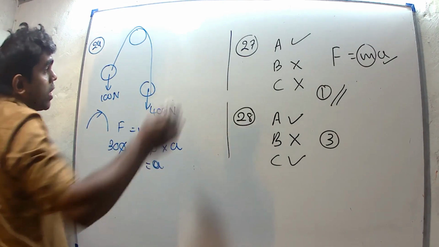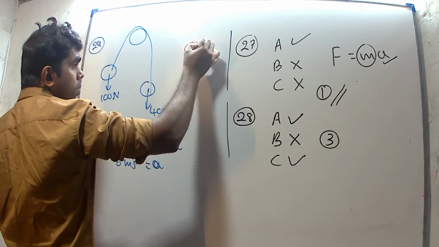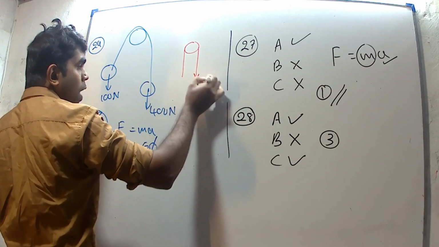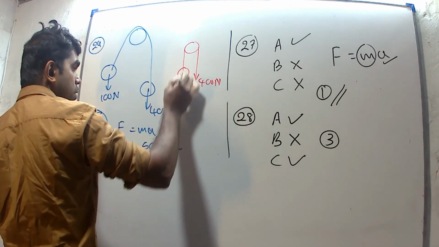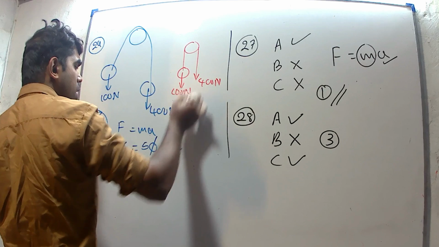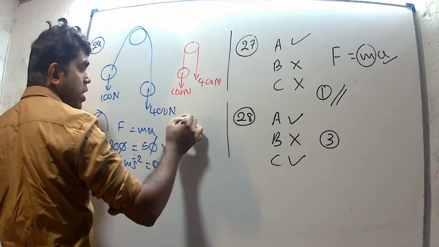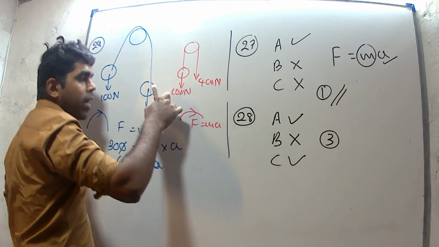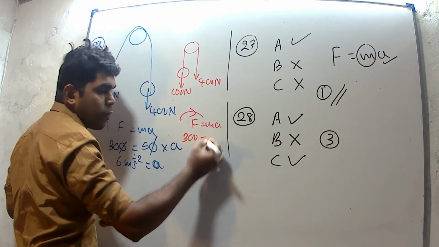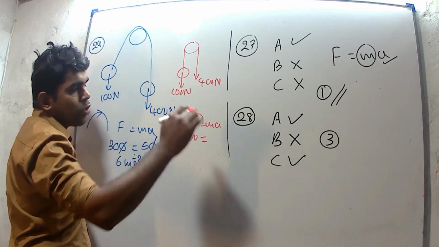For the second situation, there is a force of 400 Newton in the right hand direction and weight 100 Newton. Now we can use F equals ma for the system. 400 minus 100, 300. Resultant force is 300. But there is only one mass.